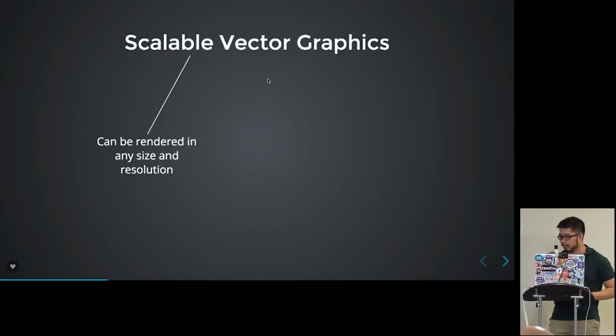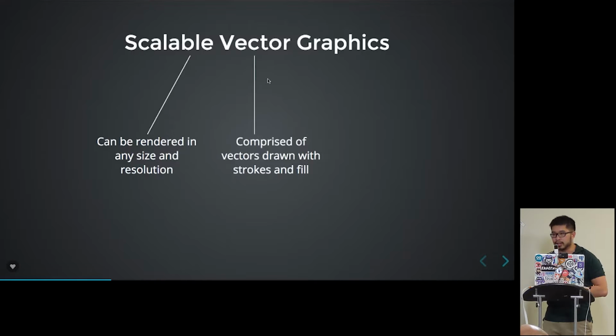Vector means that when you're drawing and telling the browser what to render on the page, you're saying this is a point here and this is a point here, and there's a line connecting them, right? Whereas a regular image is dot dot dot dot dot dot dot, right? Graphics in the sense that it's a graphic file. You can do it in Illustrator, you can do it in Photoshop, you can put it on the web.